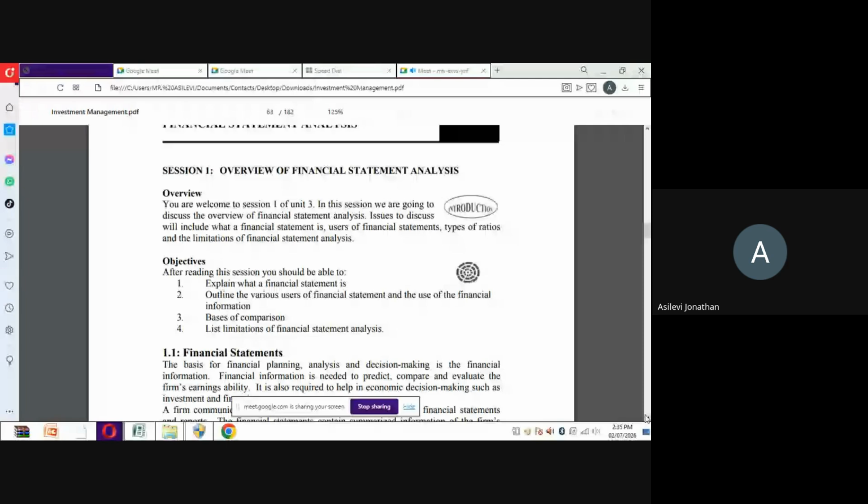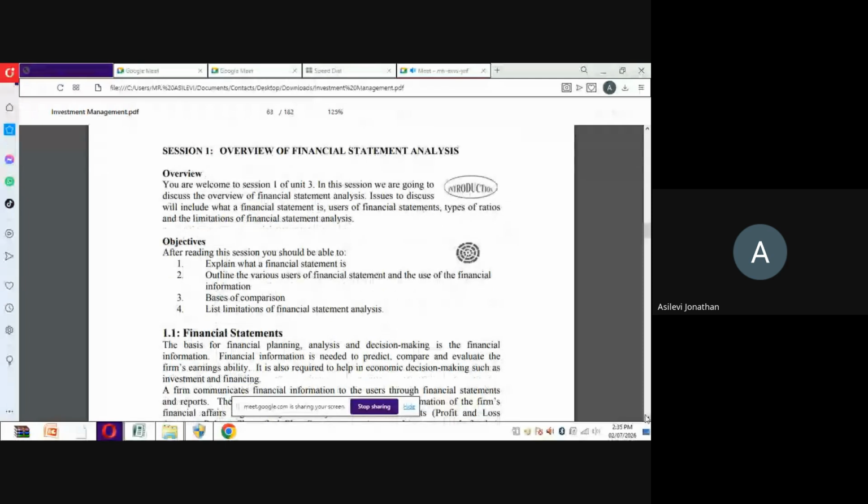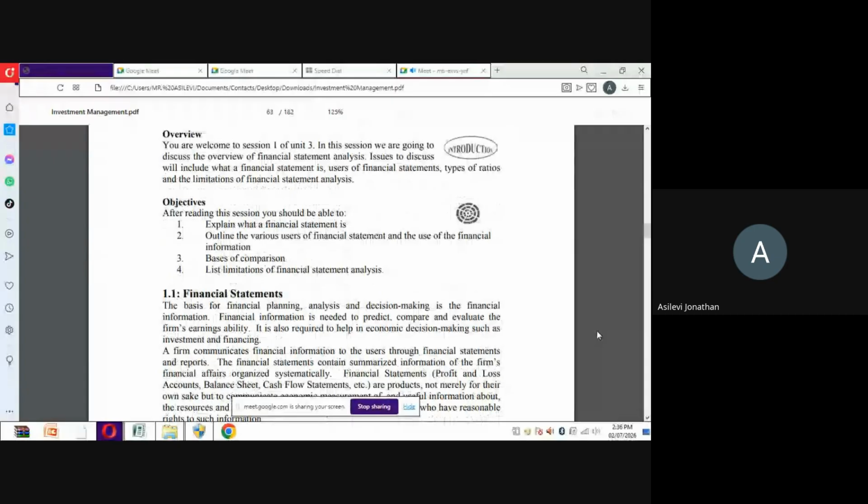Please, Nicholas, read the financial statement for me if you can see the screen. Or any of you who can easily see the screen should read the financial statement for us.